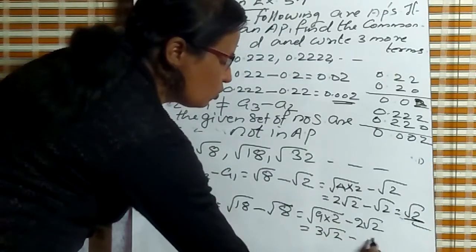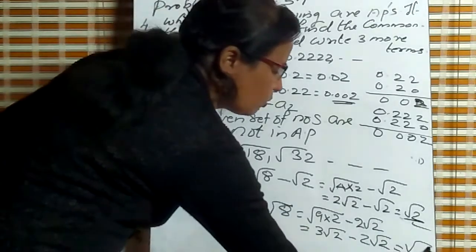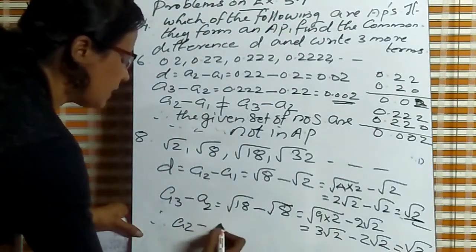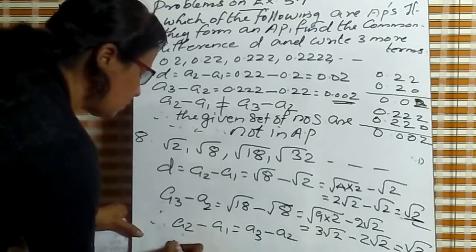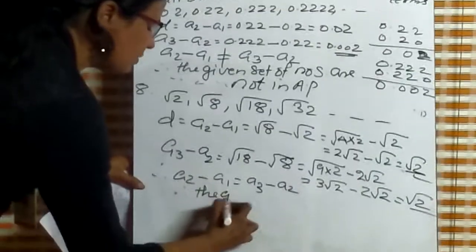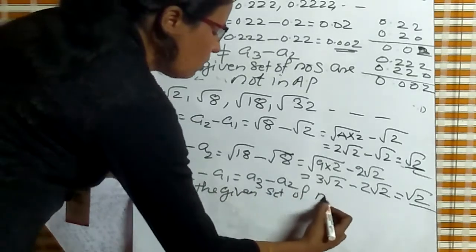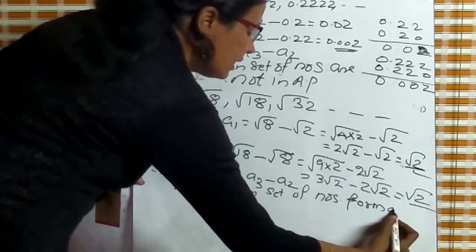So 3 root 2 minus 2 root 2 is equal to root 2. Therefore, A2 minus A1 is equal to A3 minus A2. Therefore, the given set of numbers form an AP.